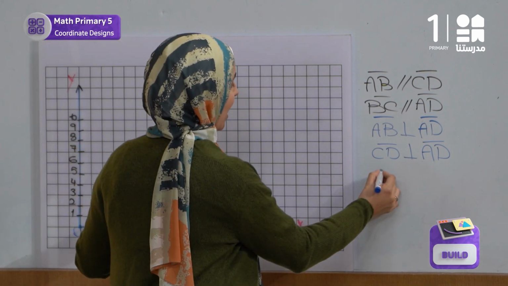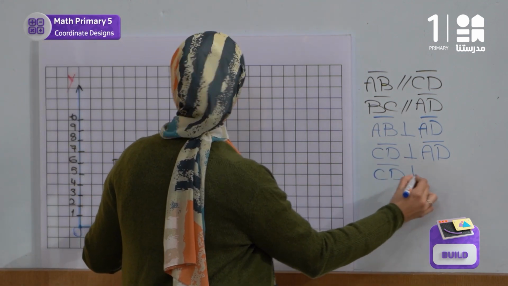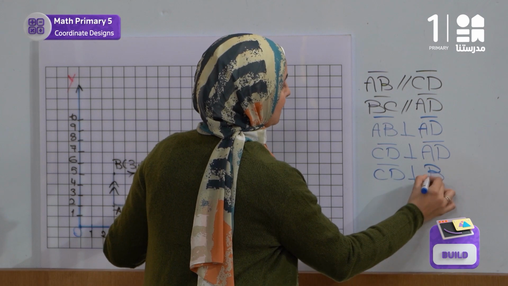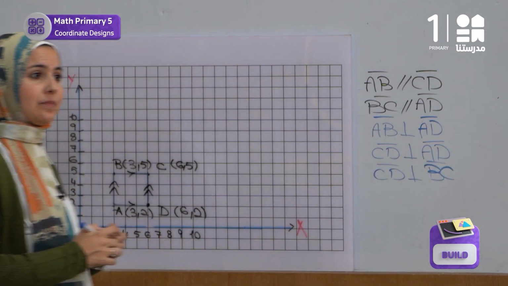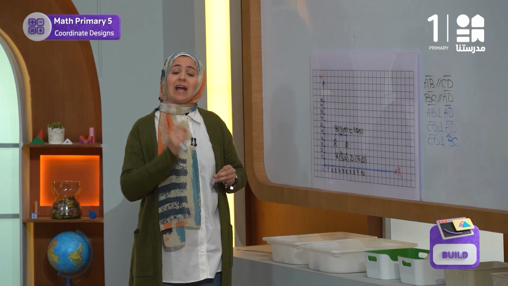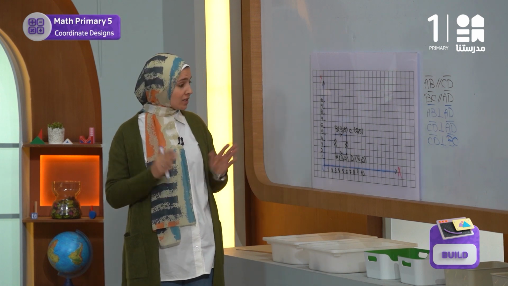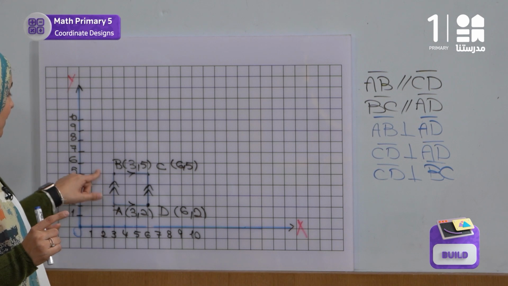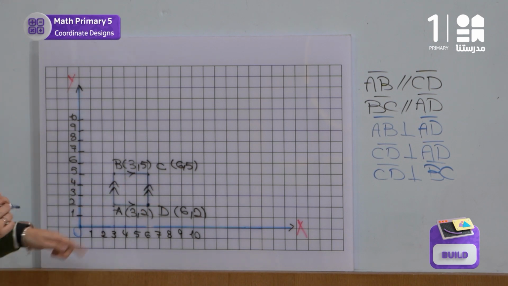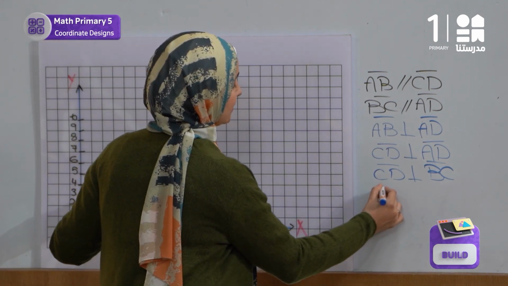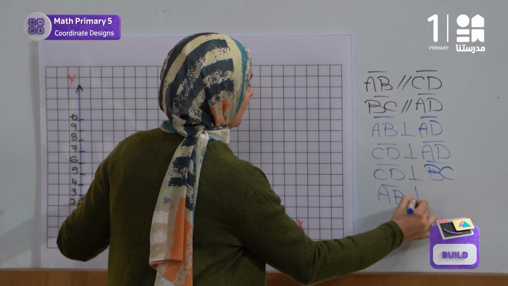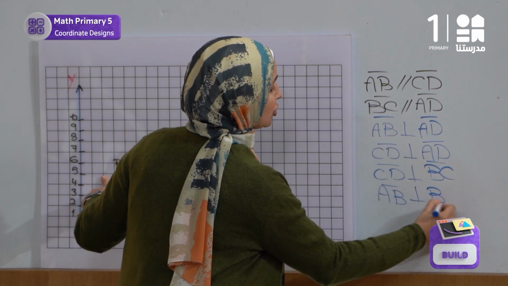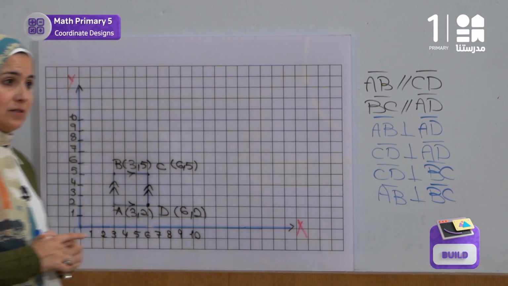So here I will have CD is perpendicular to BC. Now, as long as the figure has perpendicular sides, did we forget one thing? Yes, we can also say that AB is perpendicular to BC. So I will write AB is also perpendicular to BC like that.